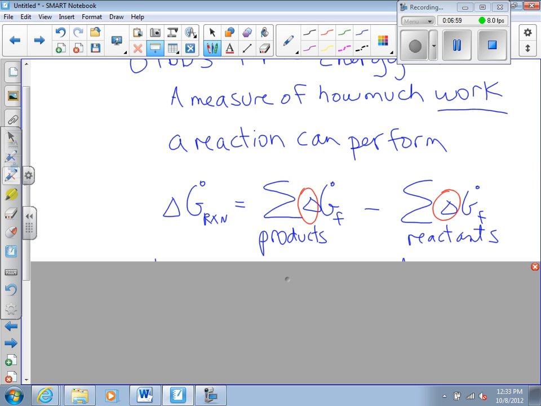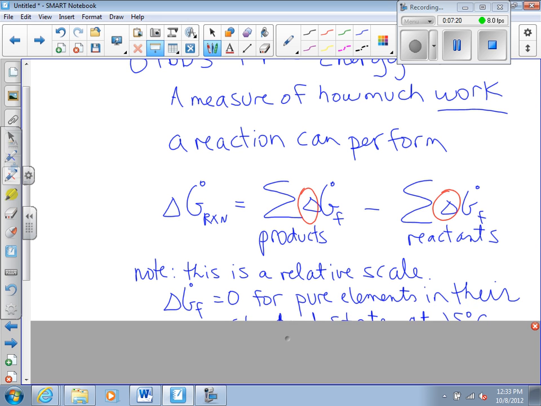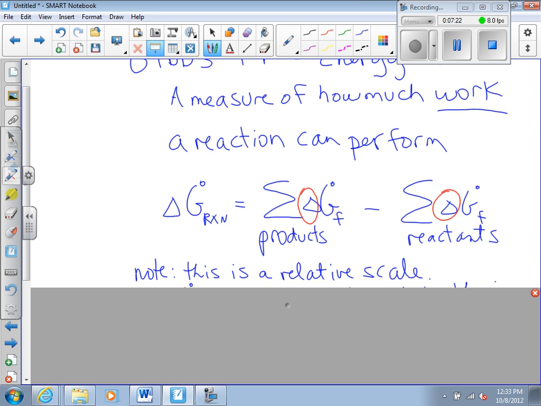Just like in heats of reaction, enthalpy of reaction, they have the delta H formation. And here we have a delta G formation. So do you think this is a relative or an absolute scale? The absolute scale was the entropy equation. The relative scale was the enthalpy equation. Answers coming up. This is a relative scale.